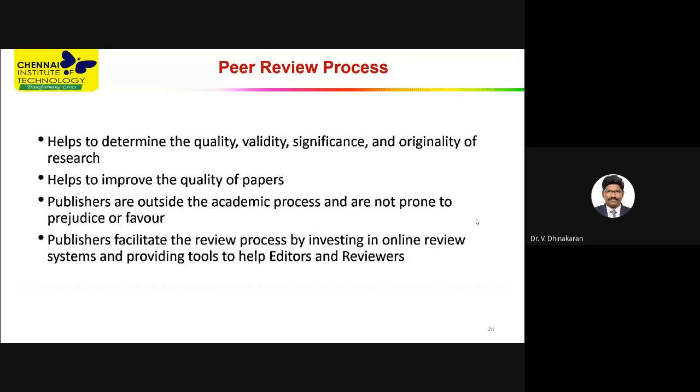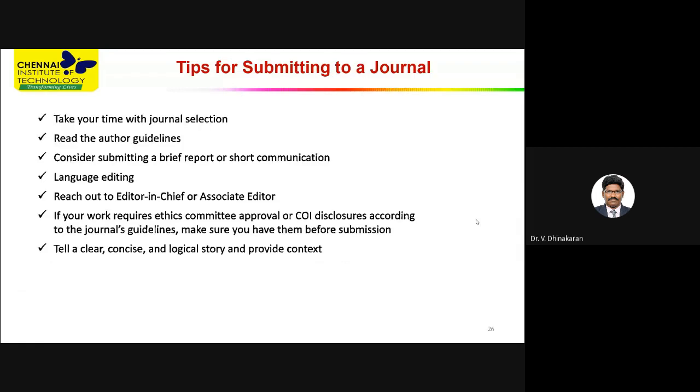Then the associate editor can decide to accept or reject the manuscript, or if required, forward the manuscript to the reviewers again and collect the review reports. Then he will submit his recommendation to the editor, and the editor will finally decide whether your manuscript should be accepted or not.